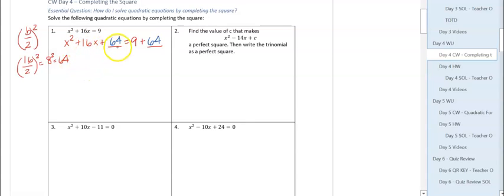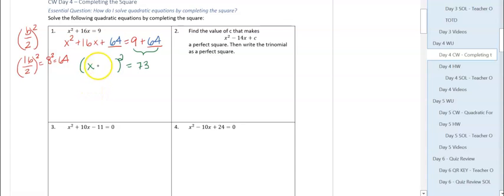So now, after adding that 64 in there, I'm going to set it up where I have a parentheses like this, and it's squared. So this is my perfect square. I have a number times another number equals whatever is over here. So 9 plus 64 gets me 73. On the inside of this, my perfect square, I take whatever that variable is that's squared, in this case x, and I just write that variable.